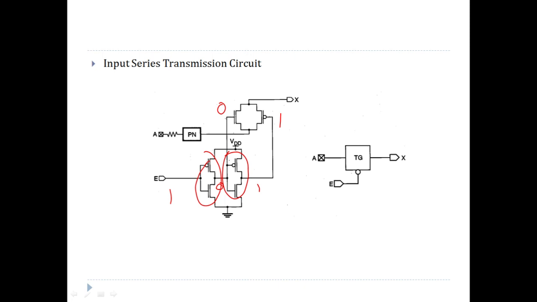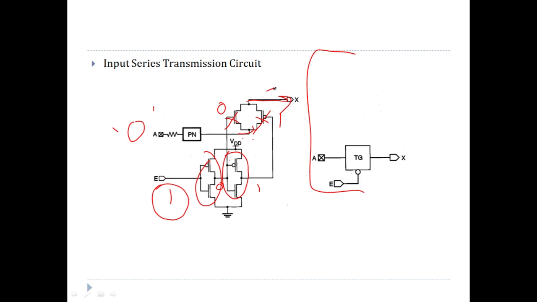As the gate input of NMOS is 0, it is off, and the gate input of PMOS is 1, so it is also off. So even if there is an input at A, let's say there is a logic 0, it still won't go to the logic implementation in an IC. So if the enable signal is 1, that means it acts as a tri-state buffer, actually a high impedance state.